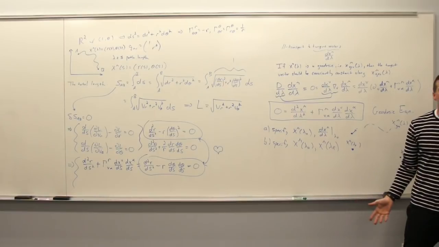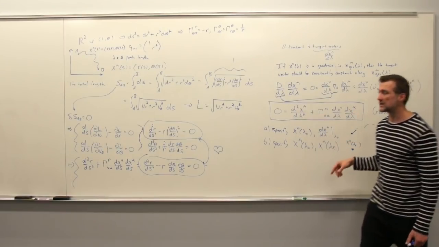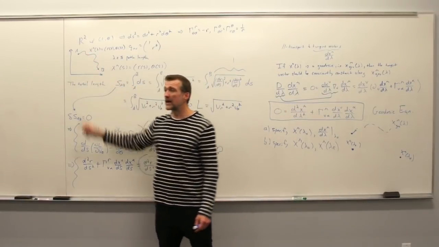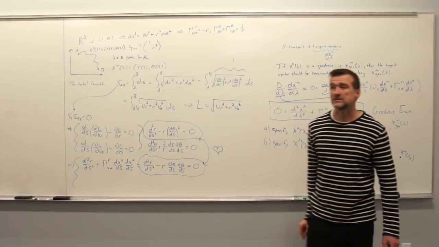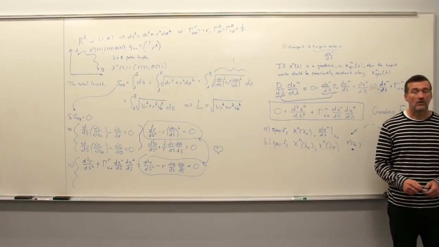What I just demonstrated for you is that this definition and this mathematical expression is compatible with the first definition, which is I want to extremize the distance between points. You'll end up with the same differential equations. Okay?